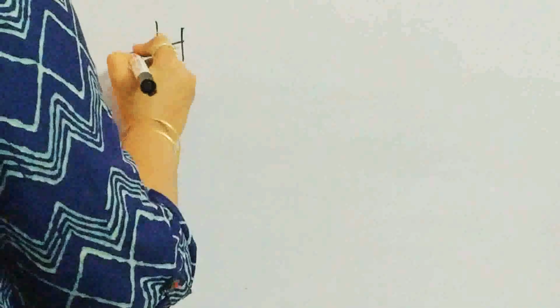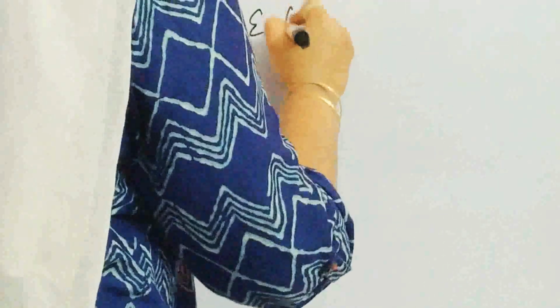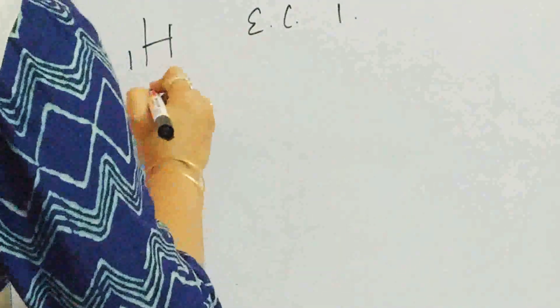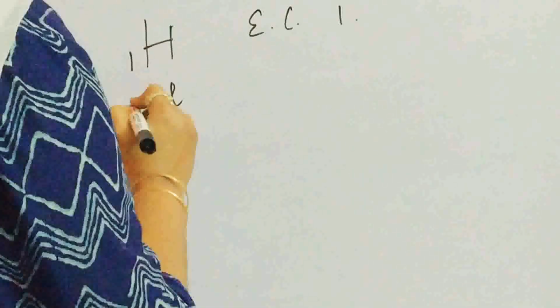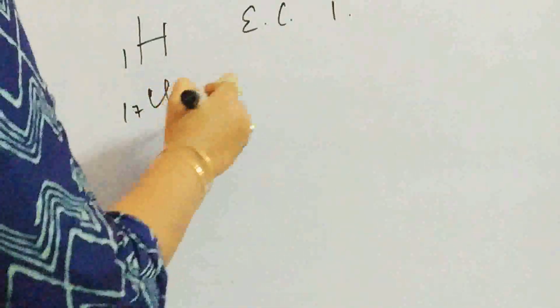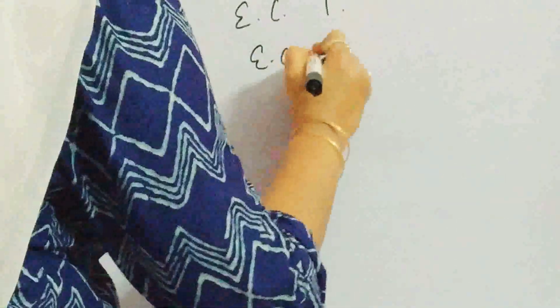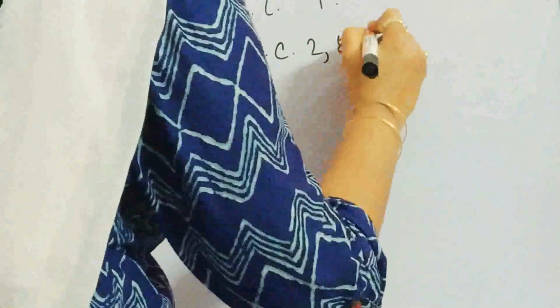In the case of hydrogen chloride, HCl, the hydrogen and chlorine atoms are involved in bond formation. The atomic number of hydrogen is 1, its electronic configuration is 1. The atomic number of chlorine is 17, its electronic configuration is 2, 8, 7.